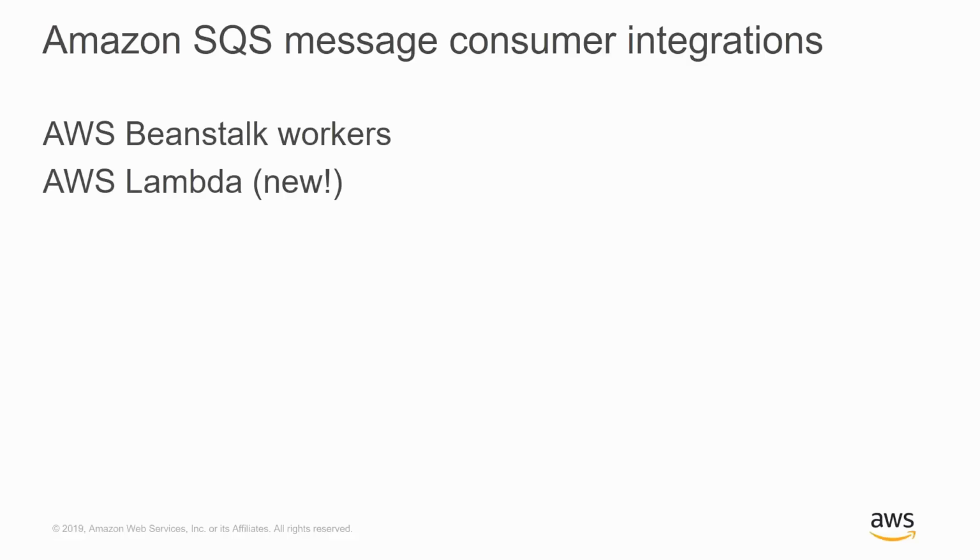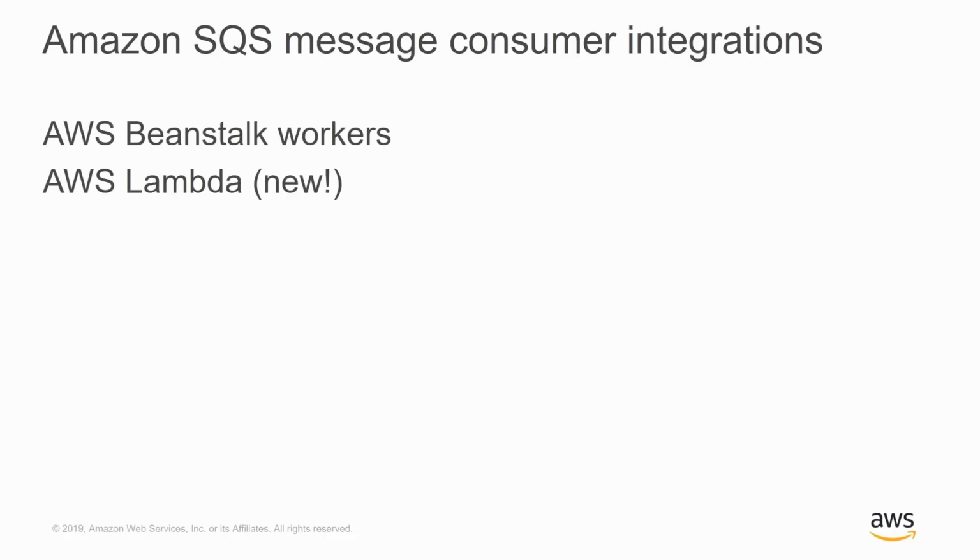These worker nodes can go through a backlog of tasks served from an SQS queue and come with a nice on-box daemon implementation that pulls messages from an SQS queue and invokes HTTP requests on your own code. But that's not serverless. That's an actual node you end up provisioning in AWS Beanstalk as a worker node.